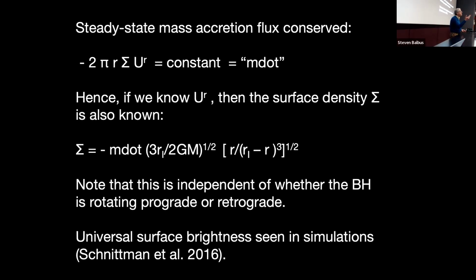That means that there should be a kind of universal surface brightness for the disk from material coming inside the ISCO. Question is, can you see it? It's very close to the black hole. It's very hot, but it doesn't stay there very long. It's an interesting business. Outside the ISCO, the disk is stable and the stuff drips in very, very slowly. Inside, it's a different disk.